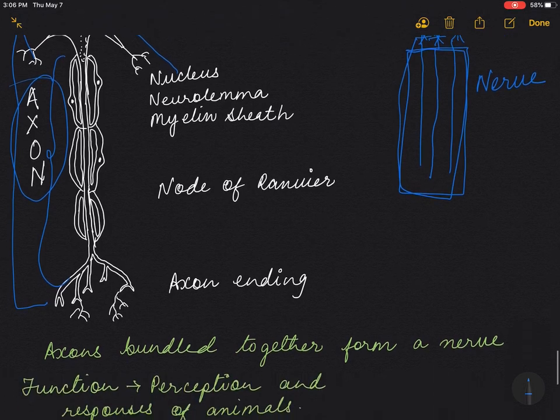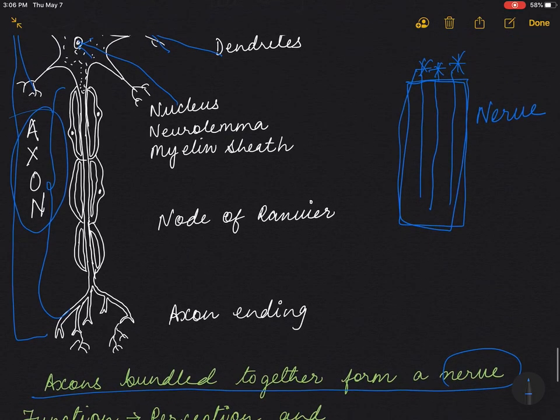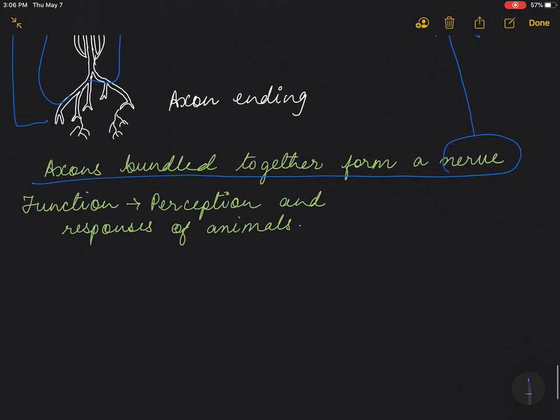Axons bundled together forms a nerve. So here you can see I showed you how the axons, this long portion, gets bundled together and then it forms a nerve. Now the function of the nerve tissue is perception and responses of animals.